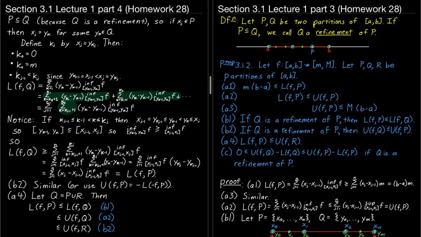And that completes the proofs of parts A and B, and I'll let you think about part C. It follows from parts B1 and B2 and some very straightforward algebra.